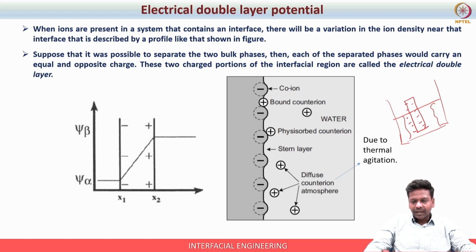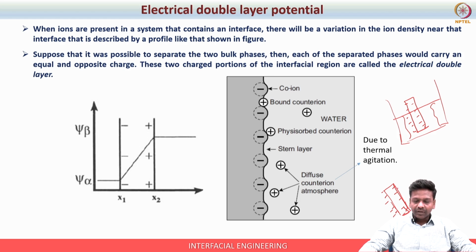So why is it happening? Because whenever you suddenly introduce a charged system into the electrolyte medium, counterions will, because this solid system is negatively charged, you can expect counterion binding on the surface of the charged system. For example, the counterions can bind the surface in three possible ways.